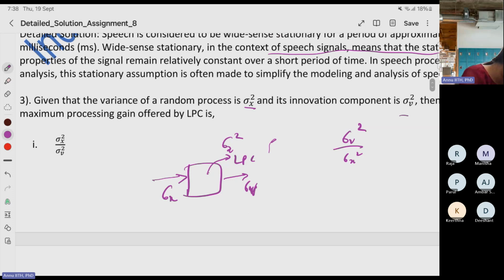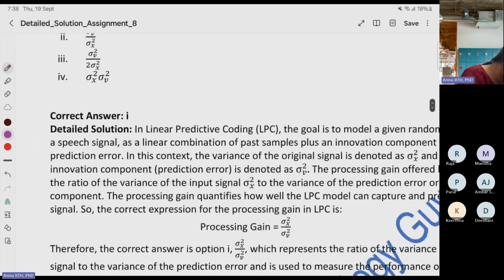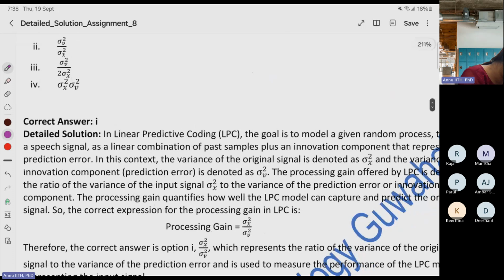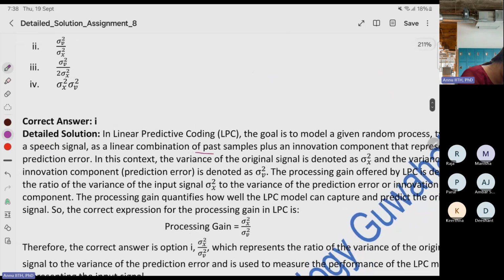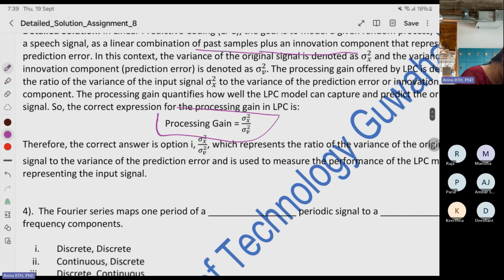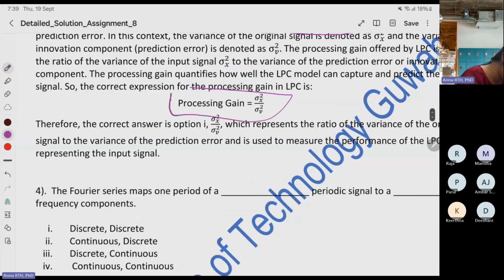Why is it x by v? Because in linear predictive coding, the goal is to model a given random process as a linear combination of the past samples plus the innovation component. So you can see this processing gain.